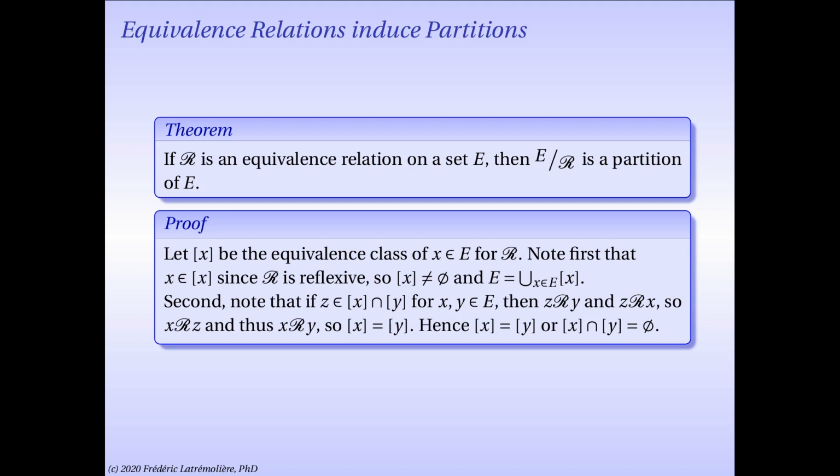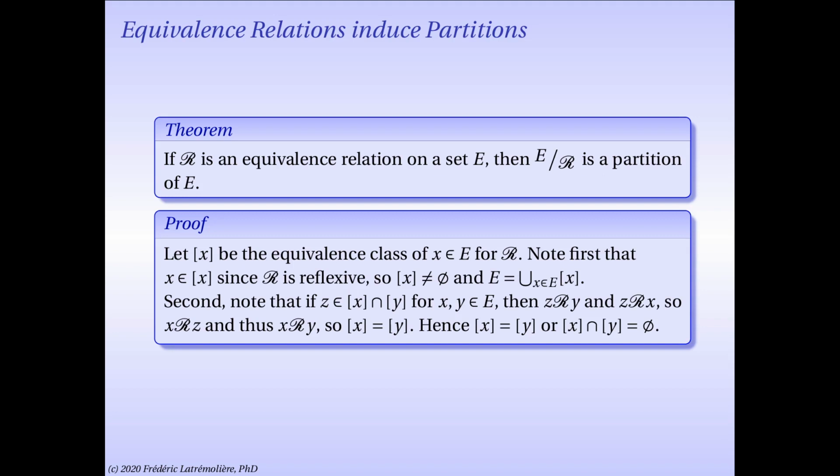Second of all, I'm going to prove that if two equivalence classes are not disjoint, then they must be equal. So let x and y be elements of E such that their equivalence classes are not disjoint, and let's pick z in the intersection of those two equivalence classes. Since z is in the equivalence class of x, z is equivalent to x, and so by symmetry, x is equivalent to z.